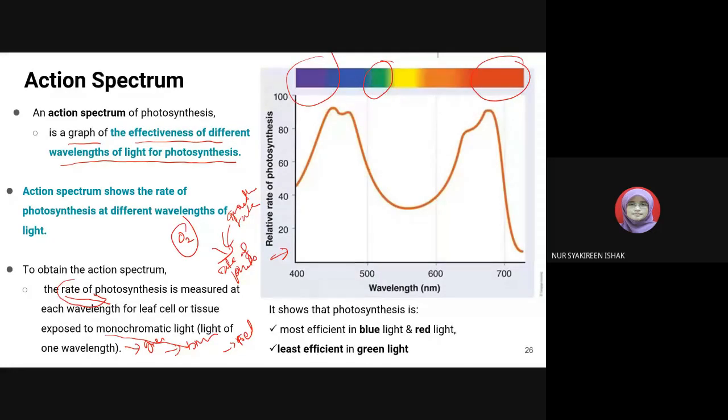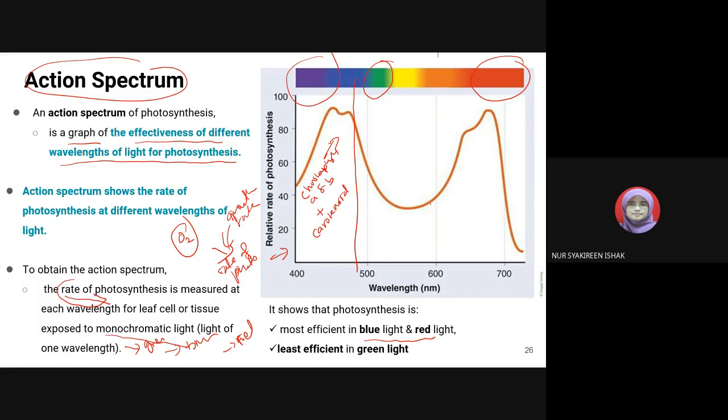So from the action spectrum, as you can see, photosynthesis is the most efficient in the blue and red light region. This is from the presence of chlorophyll A in this region, and the presence of chlorophyll A and also B and also carotenoids.